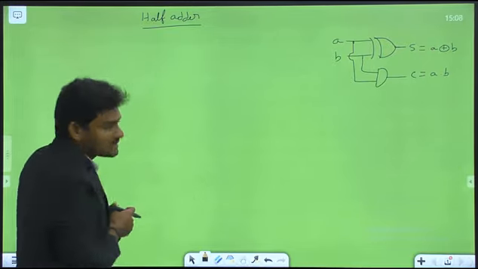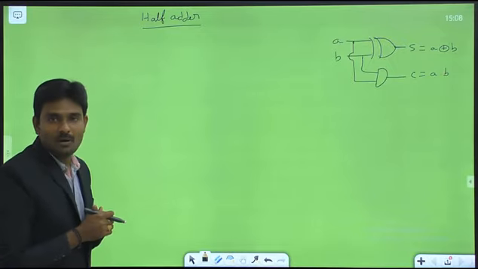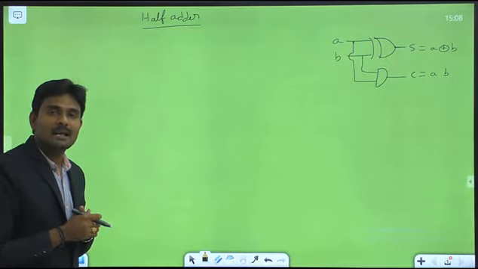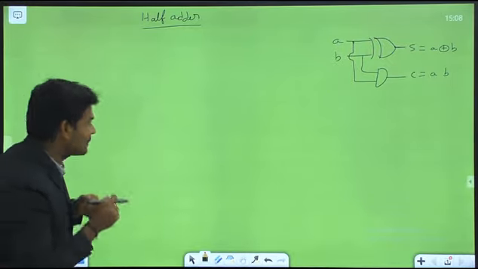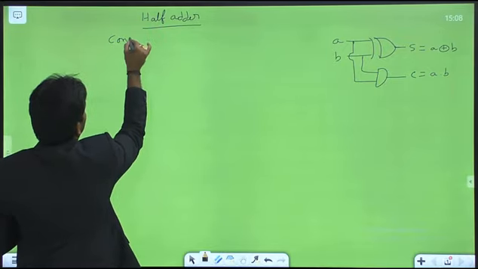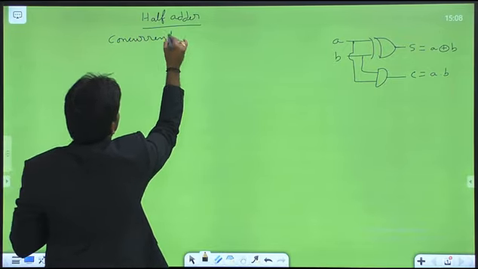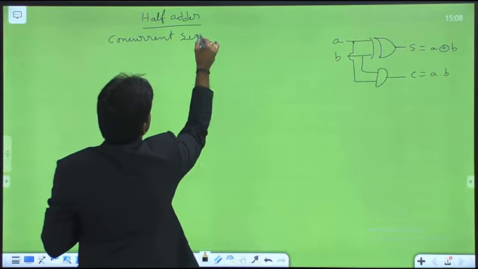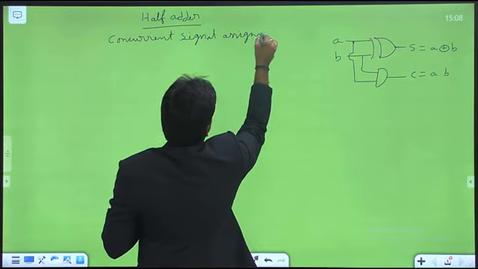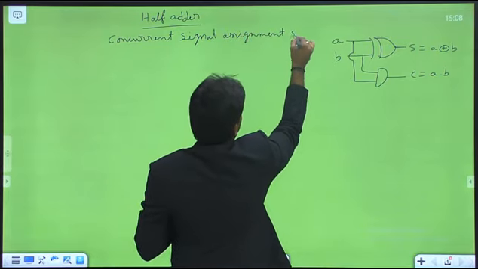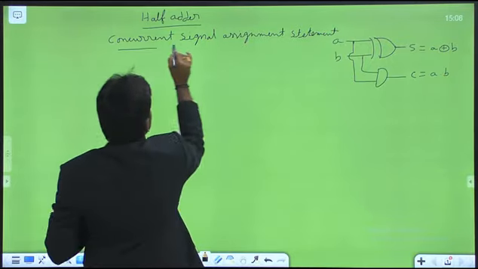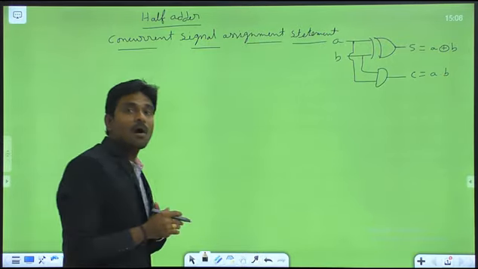First, let me consider the first type of concurrent statement, which is the concurrent signal assignment statement. Using that, I am going to write the program for the half adder.